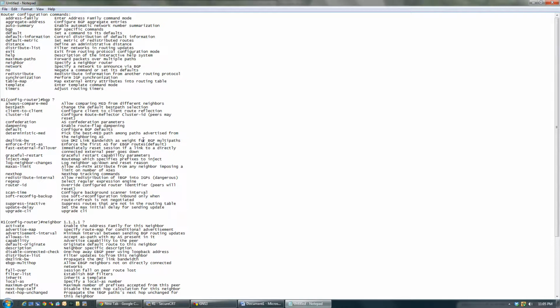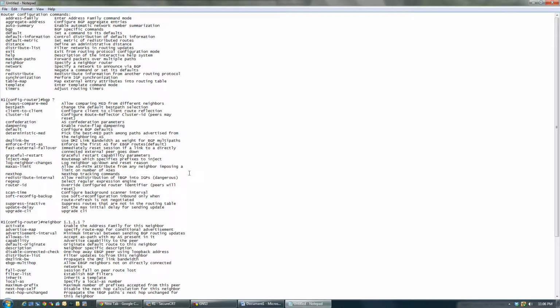Most people do not try to understand that a command can be found in the global configuration mode or the interface configuration mode. Interface configuration mode will always have a subset of commands. Now, if you think logically, you ask whether a particular command affects the entire router or only one link.